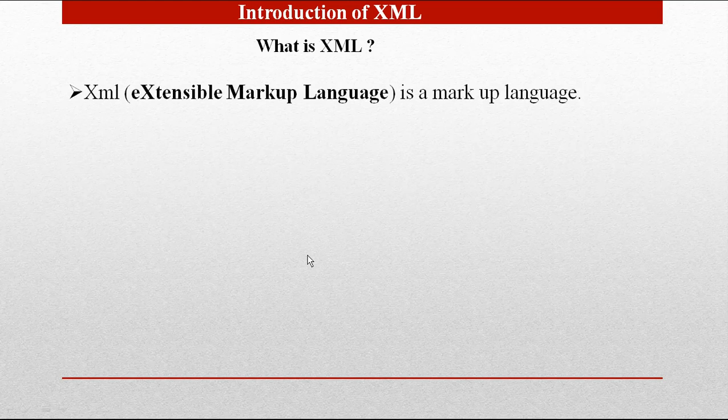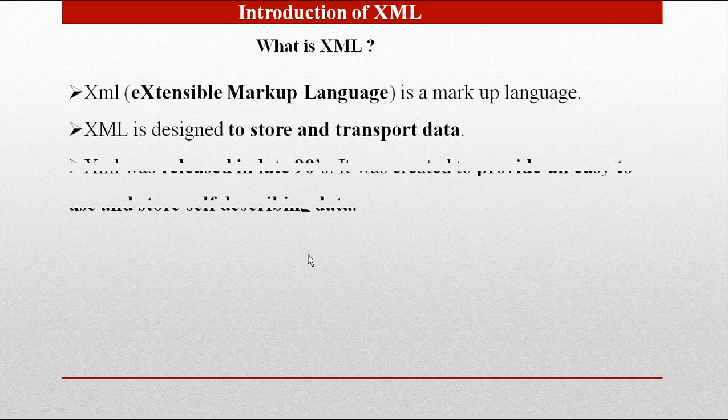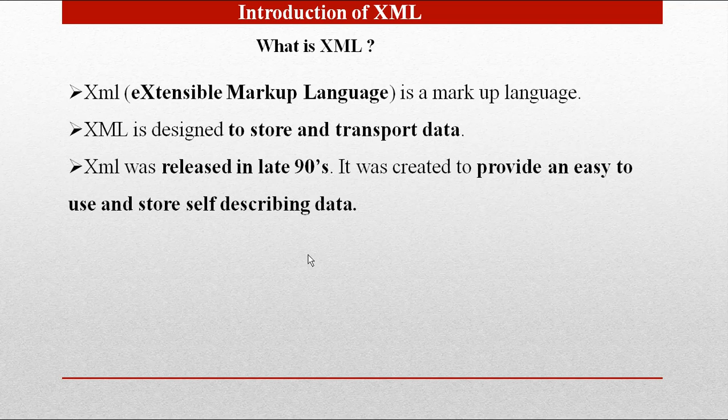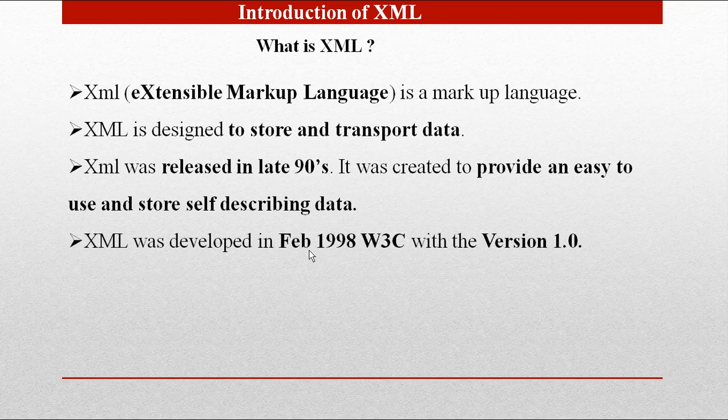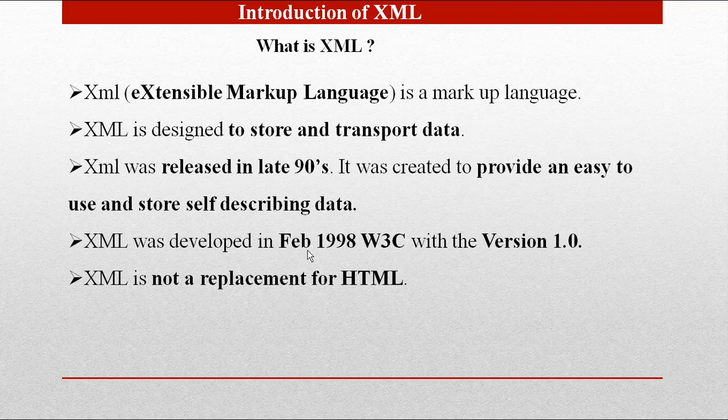So the next point is, what is XML? Simple, you know very well, it is the Extensible Markup Language, and XML is designed to store and transport data. XML was released after HTML. It was created to provide an easy to use and store self-descriptive data. HTML was more popular first, and after that XML has been gaining popularity because it provides easy to use and store self-descriptive data.